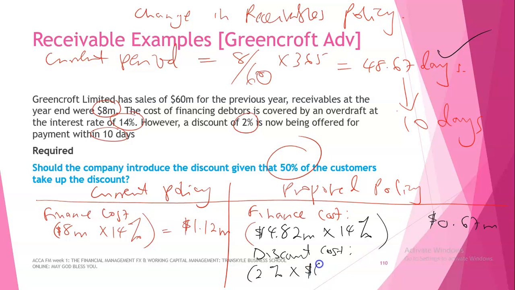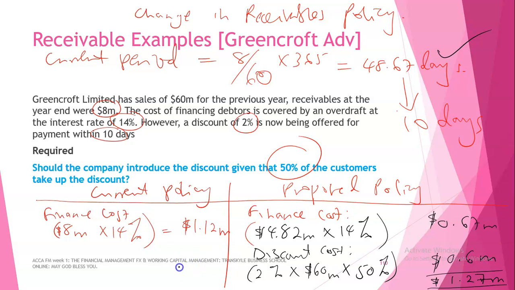On sales of 60 million, not 2% on receivables. It's 2% on sales of 60 million, but not the full 60 million, because only 50% are taking the discount. So we punch those figures into our calculators, and we must get 0.6 million. We add up these figures to get the total cost of the policy. This comes to 1.27 million.